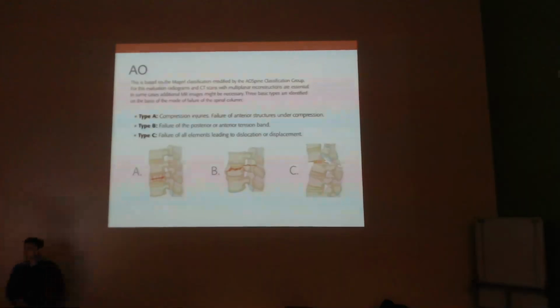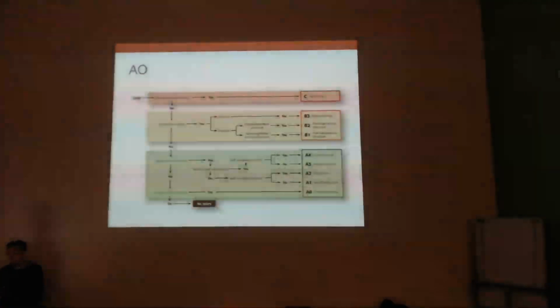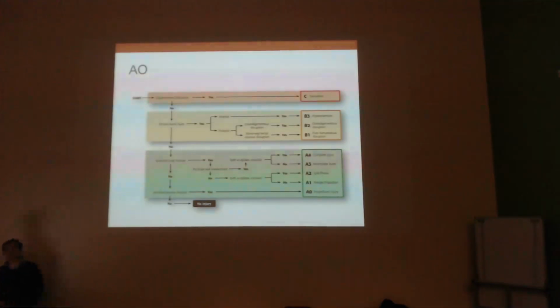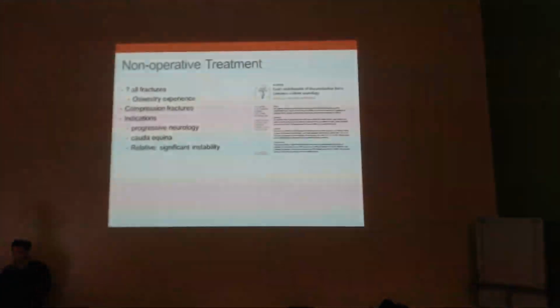So, coming up to the exam, just be aware of it: A, B, C, and then there are different subtypes. You can see there's A0, A1, A2, A3, A4, B1, B2, B3. No one is going to expect you to know that, but just be aware of it. If someone says, how do you classify a fracture? You can say TLICS, you can say the Denis classification, you can say the AO classification, and then they'll move on to the next thing. So one line about everything.